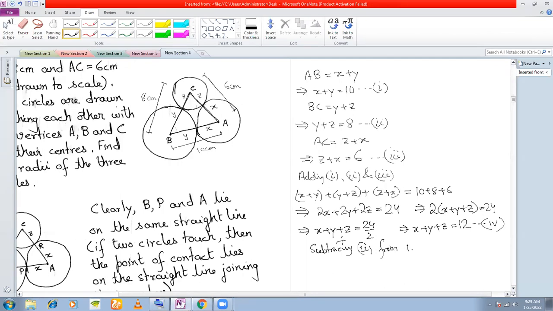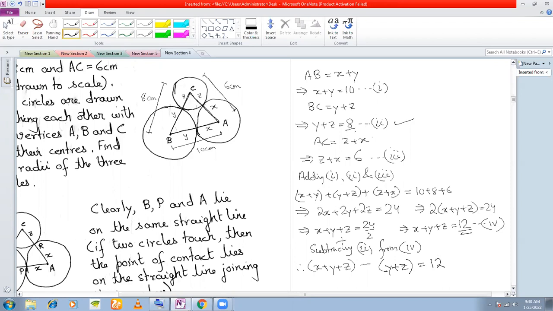because I want to get the value of x, how will I get? x plus y plus z minus, and this one is your 2, right? Minus y plus z. What is the right hand side here? 12.